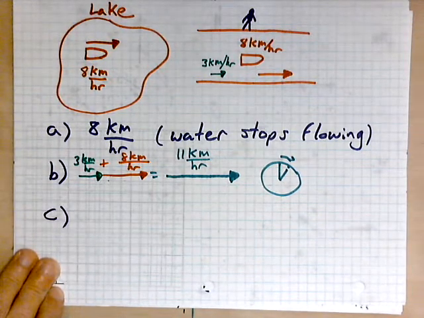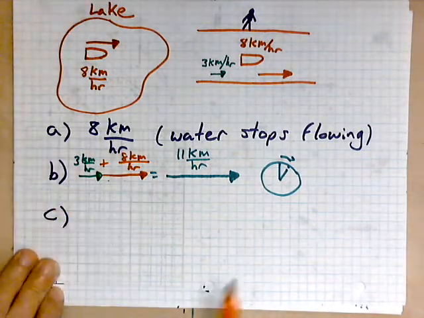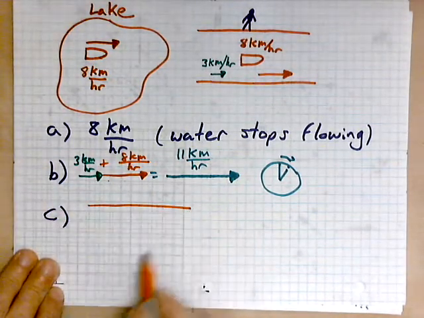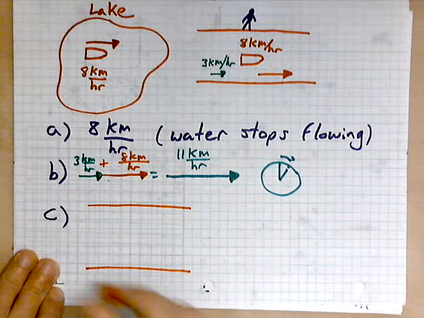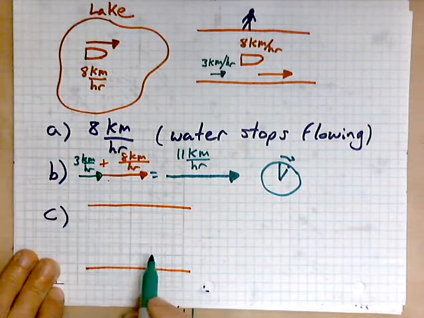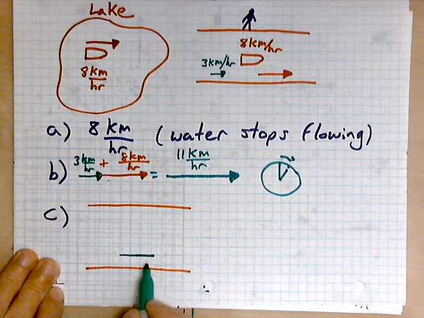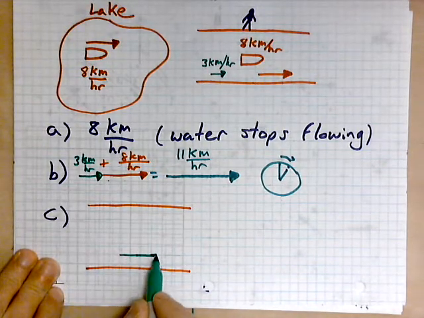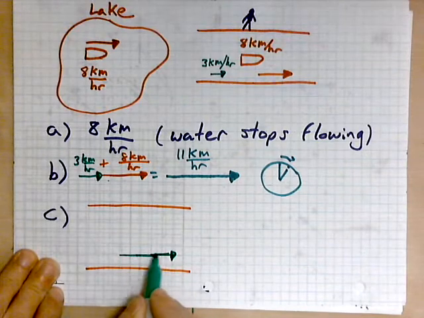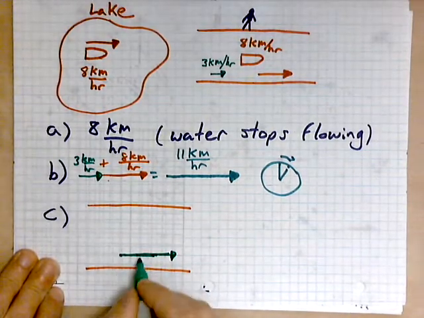So to illustrate that, I will draw a new picture. Imagine once again the river is flowing. I've exaggerated the length of the arrow here, but it really means 3.